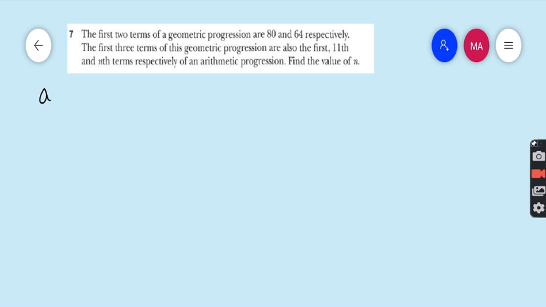So the first term of the geometric progression is 80 and the second term is represented by ar, 64. The first three terms of the geometric progression are also the first, 11th and nth terms of an arithmetic progression.